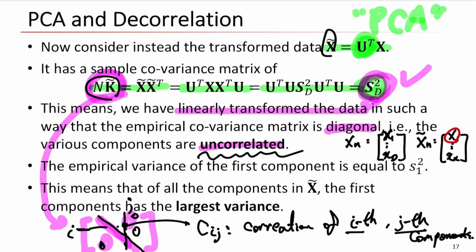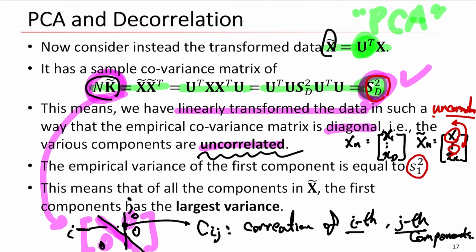It means that each component is uncorrelated. Okay, and the empirical variance of the first component is equal to this one, right?